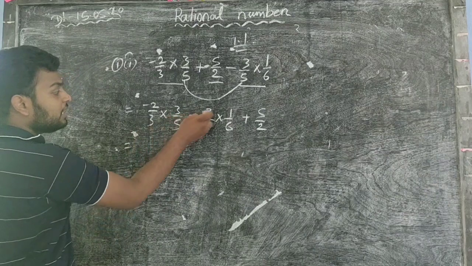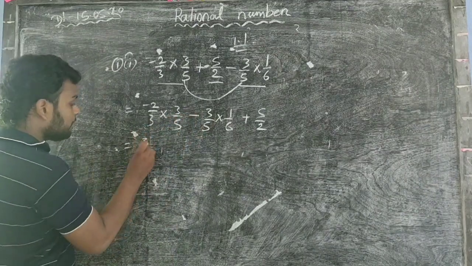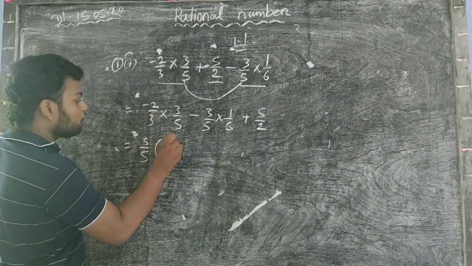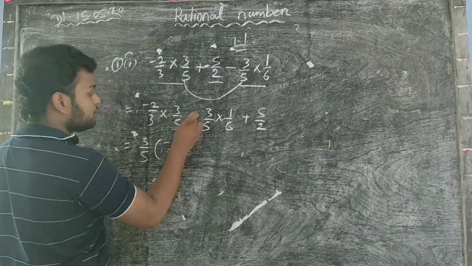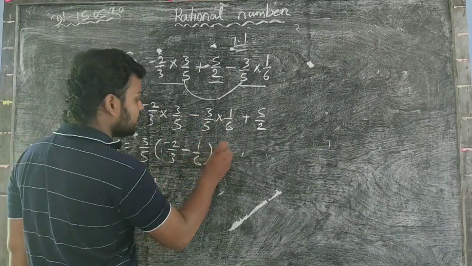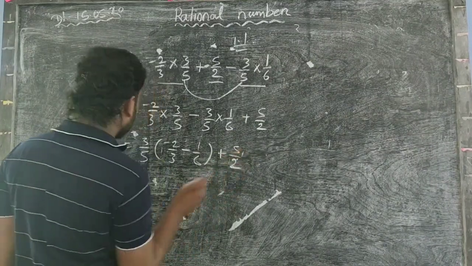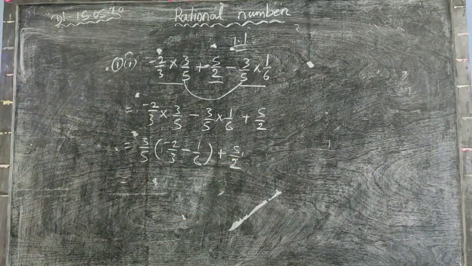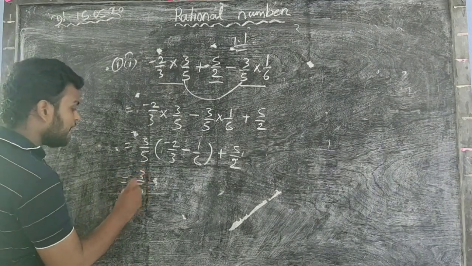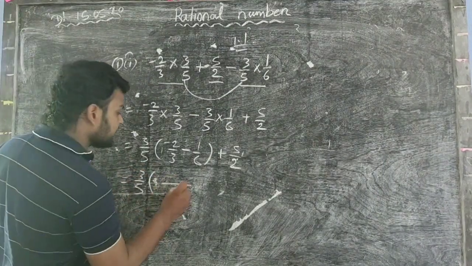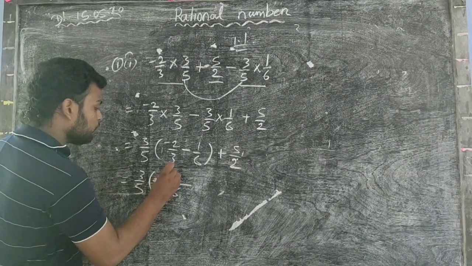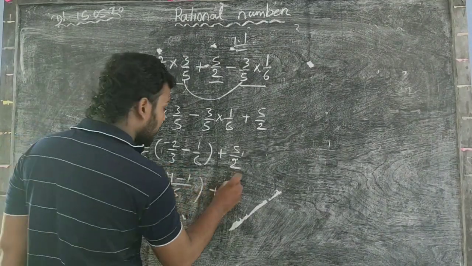Then you take 3 by 5 as common. So 3 by 5 then is equal to minus 2 by 3 minus 1 by 6, then plus 5 by 2. So this is 3 by 5. So you take 6 as common. So it is minus 4, this is minus 1, plus 5 by 2.